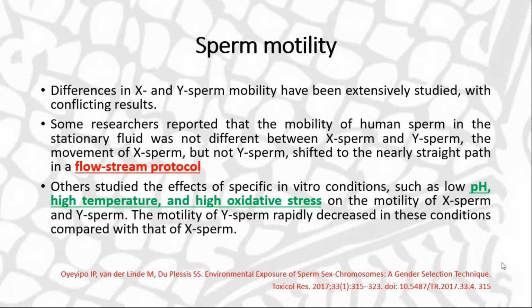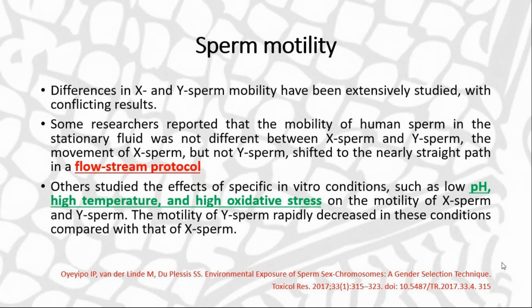Okay. The difference in X and Y sperm motility has been studied extensively, but led to conflicting results. Some researchers reported that the motility of human X and Y sperms is similar, but when we change from the steady stream to the flow stream protocol, this leads to some shift in the motility of the X sperm.